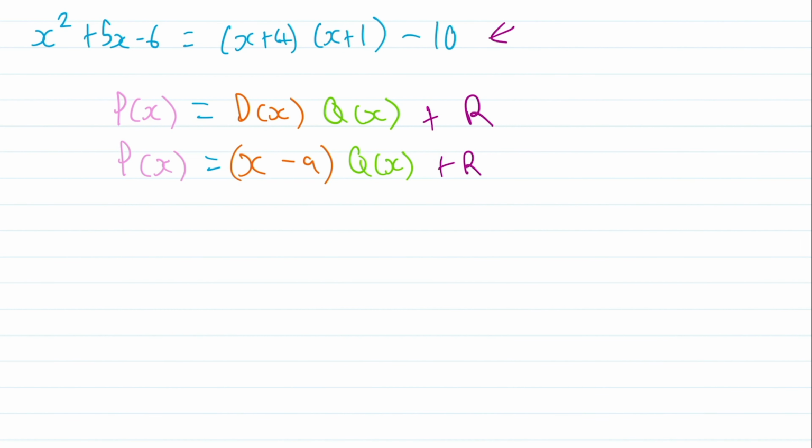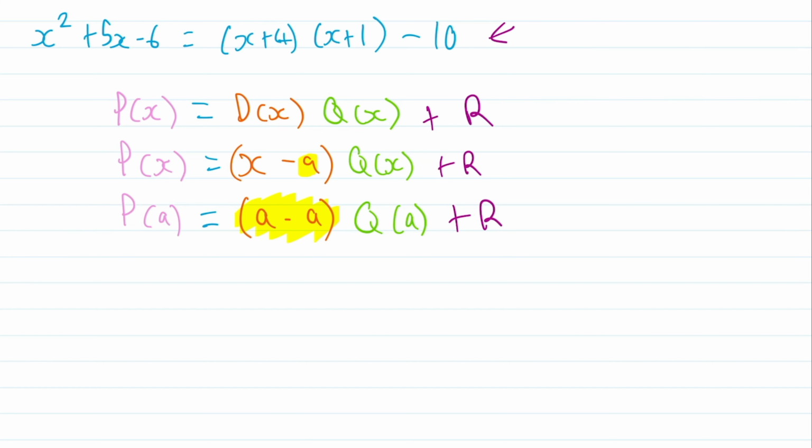Now, if this here is true, what happens if I substitute in my letter a for my polynomial? In other words, if I take p of a instead of p of x, let's just explore what happens. If I do p of a, that's going to be equal to all my x's times a's, that's going to be a minus a, multiplied by q of a plus r.